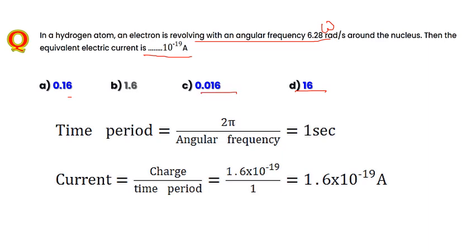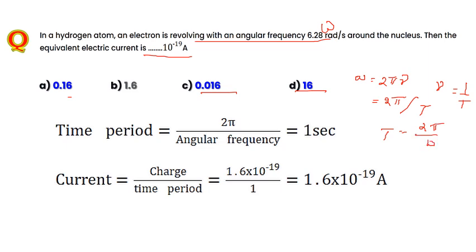First, angular frequency omega is equal to 2 pi nu, where nu is the frequency, and nu is equal to 1 by T. So T is equal to 2 pi divided by omega.